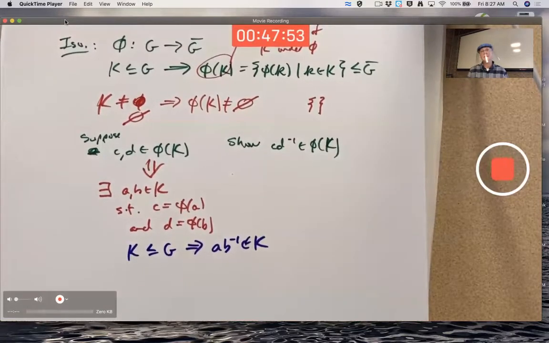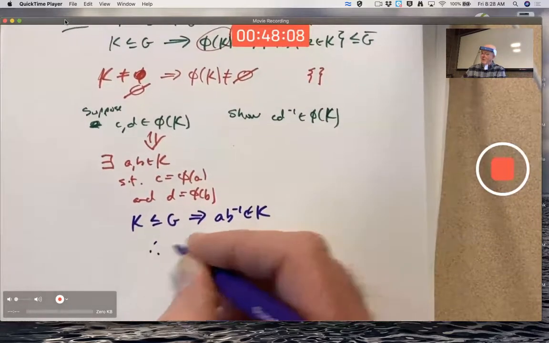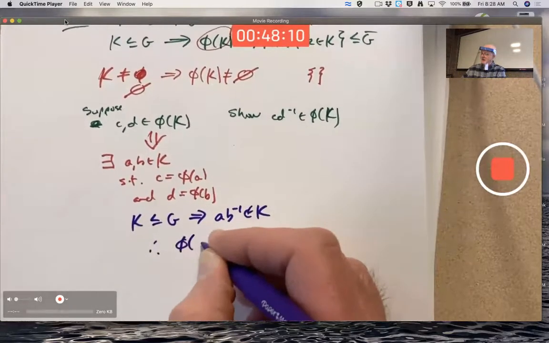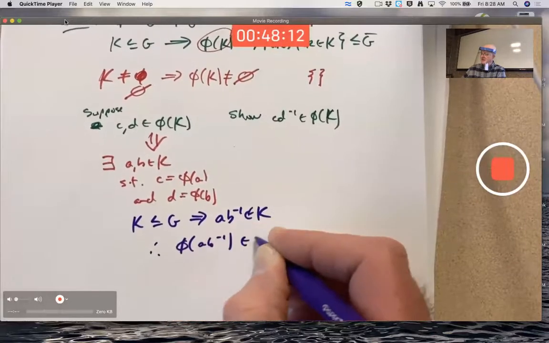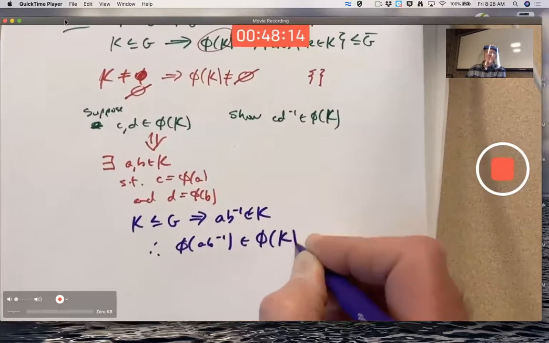If B is in K, then B inverse is in K. And then closure times another element of K is still going to be in K. Therefore, phi of A B inverse is in the direct image of K under phi.